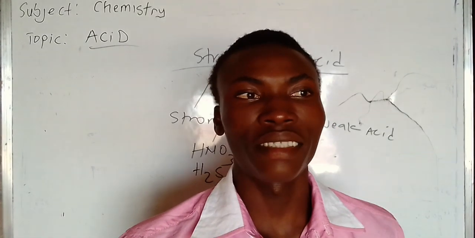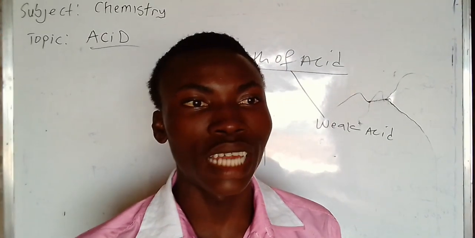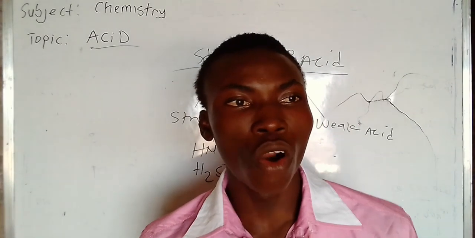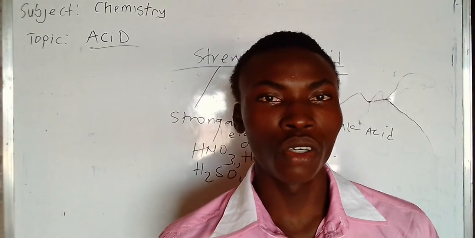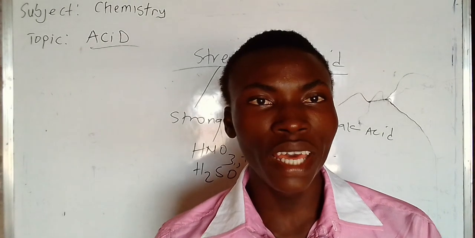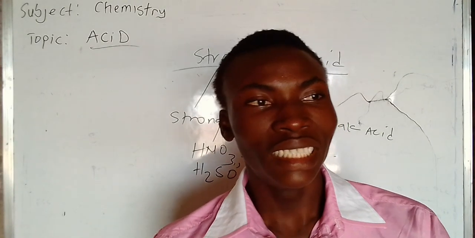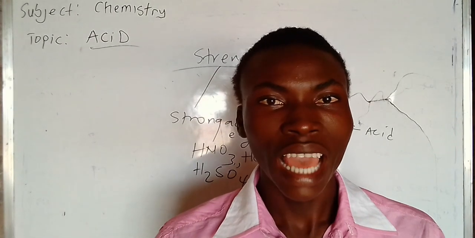Examples of strong acid are HNO3, the nitric acid, HCl, the hydrochloric acid, and H2SO4, sulfuric acid. And that is why they will tell you in the laboratory that concentrated acids are corrosive. So you cannot play with them. They are dangerous.